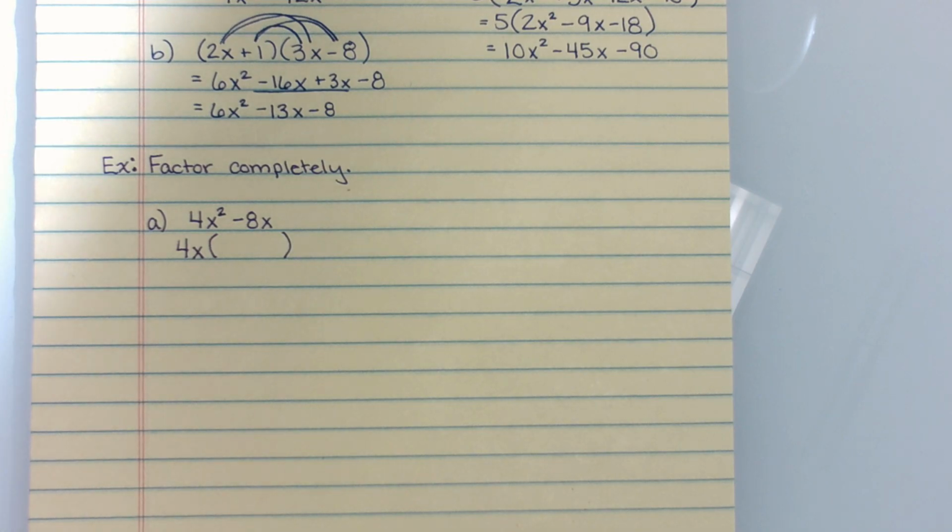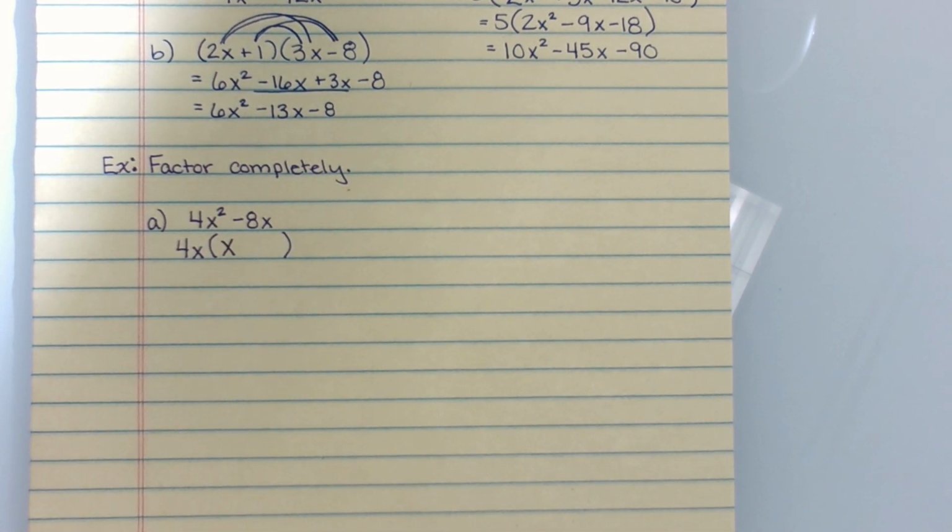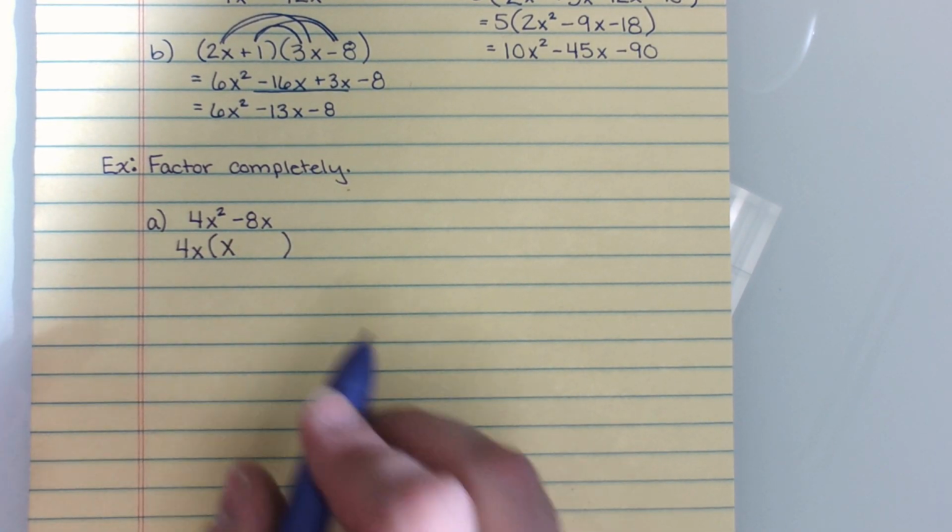You don't just divide it off and let it disappear. It goes in front of the parentheses to indicate that at some point it got multiplied through. And you divide the individual pieces. What is 4x squared divided by 4x? X or 1x, whichever you prefer. What is negative 8x divided by 4x? Negative 2.